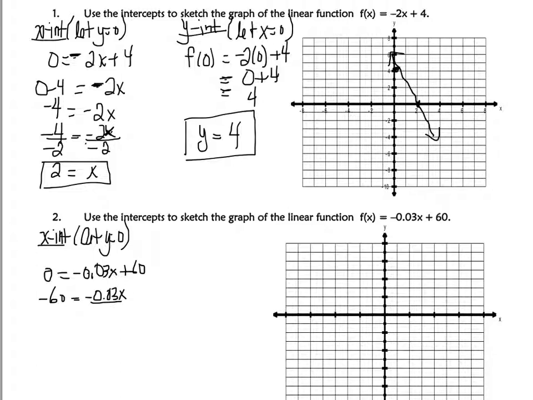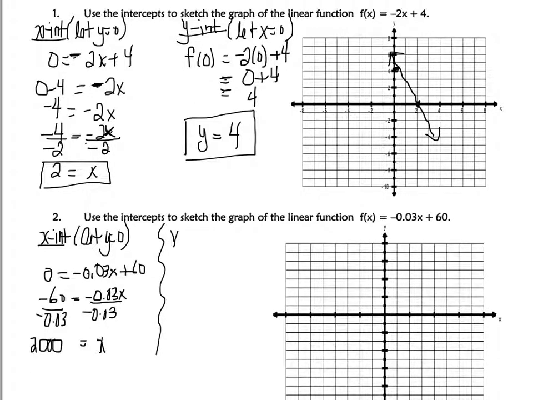You're going to divide out the negative 0.03, and that's going to give you 2,000. Negative 2,000. 2,000, yes, sorry, there's negative over negative, it's positive.